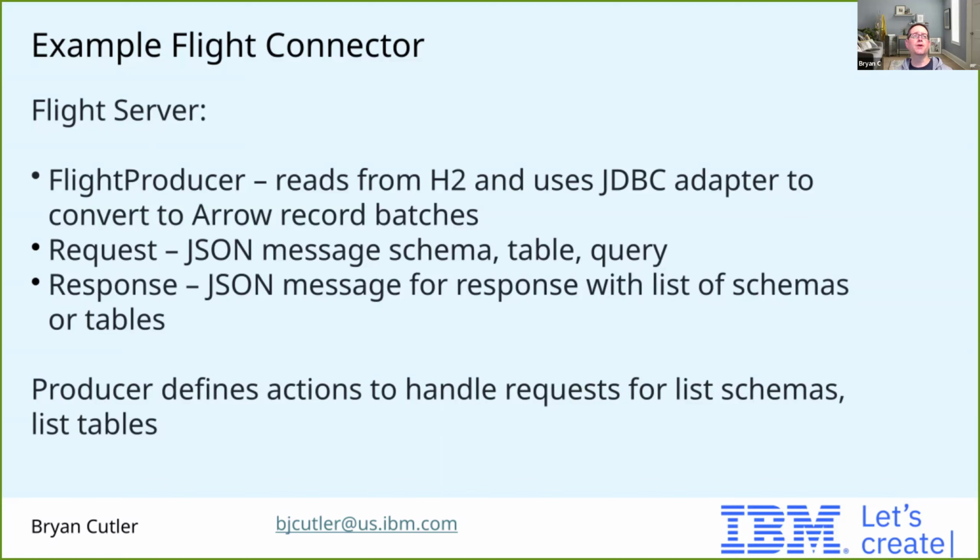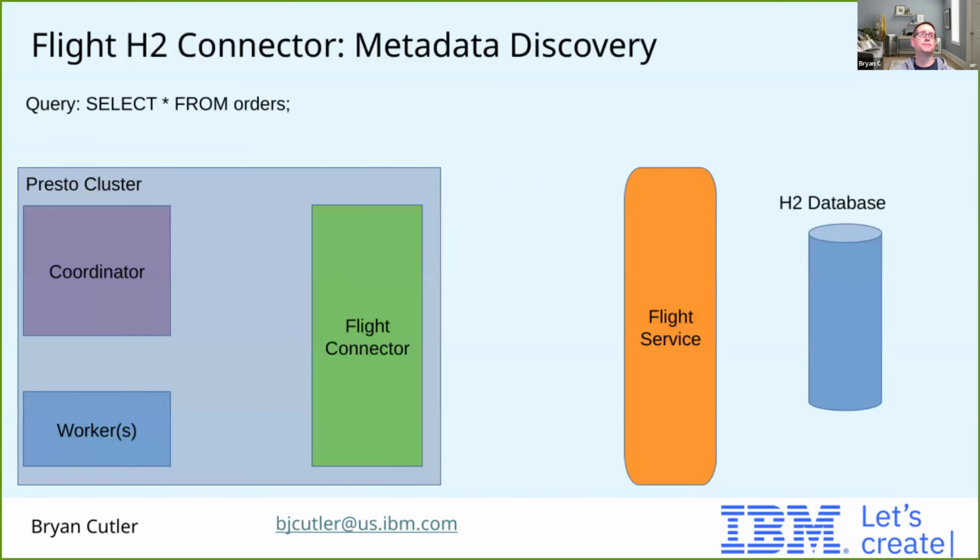And the response is used when it responds with things like a list of schemas or tables. And like I mentioned, the best way to do some of these is with actions. So that's what this producer has to handle, requests for listing schemas or tables.